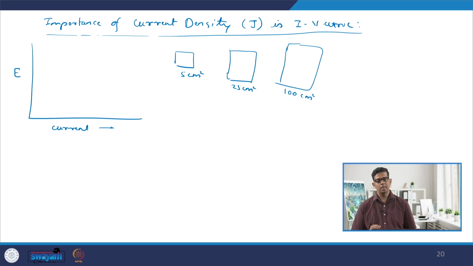However, we have to understand that these are the areas of the electrodes.